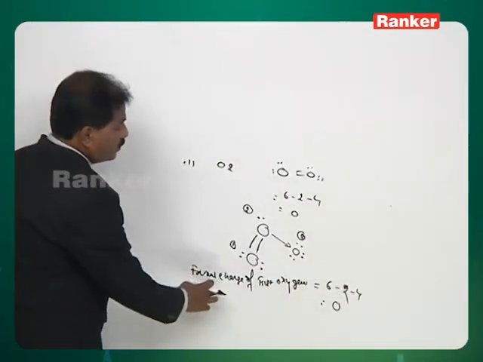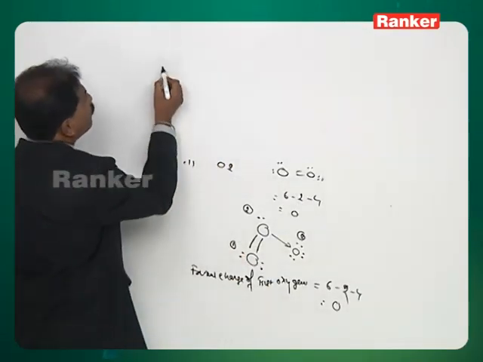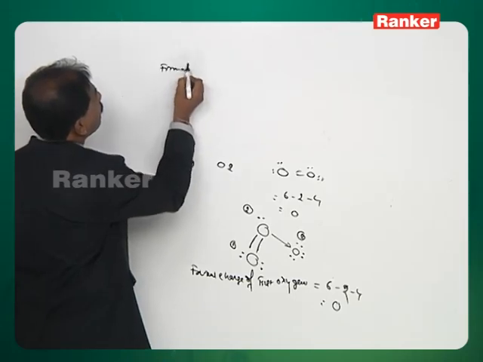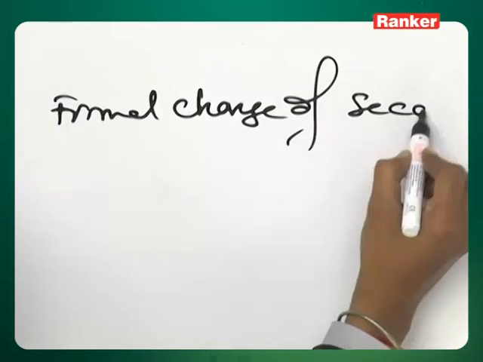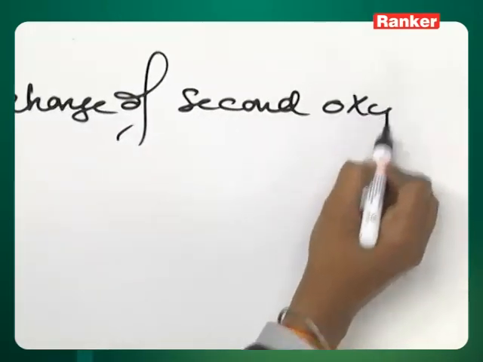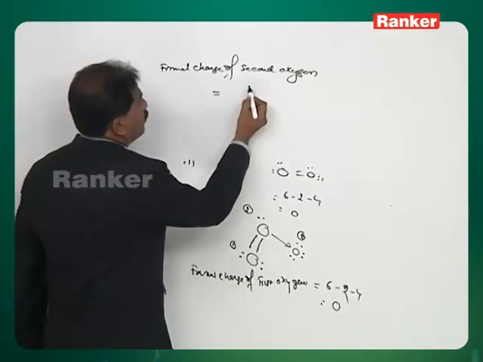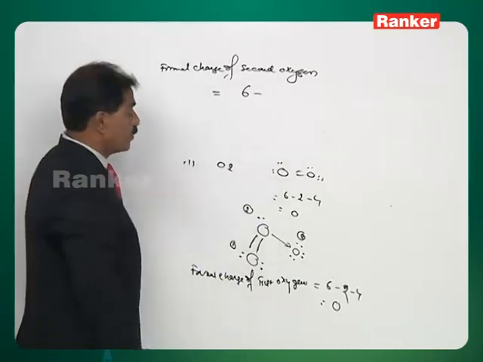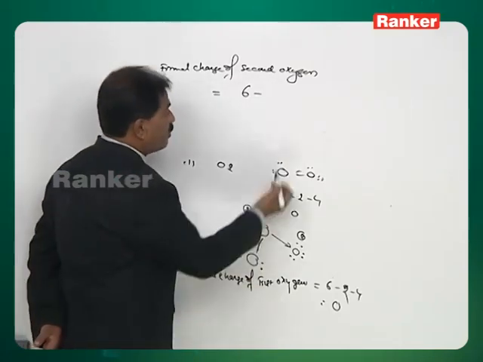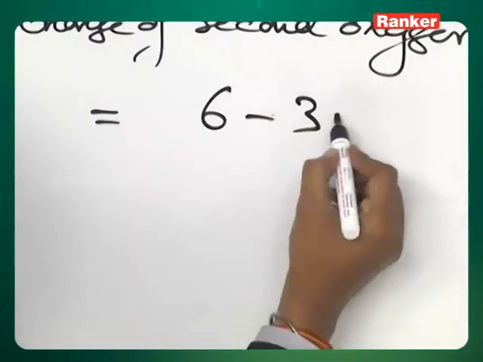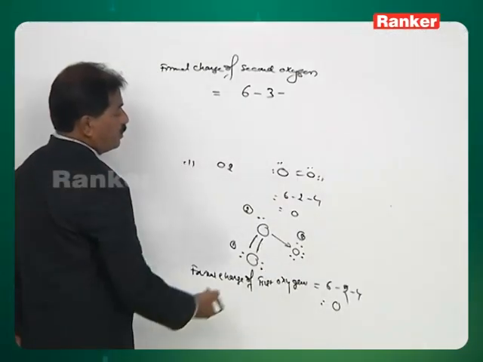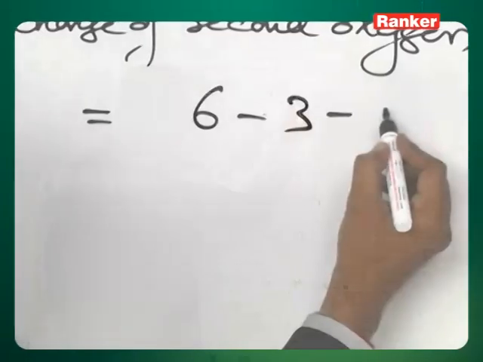Next, formal charge over the second oxygen. Number of electrons in the valence shell. Next number of electrons contributed for bond formation. Here 1, here 1, here 1. Next 1. Next here 2 electrons.